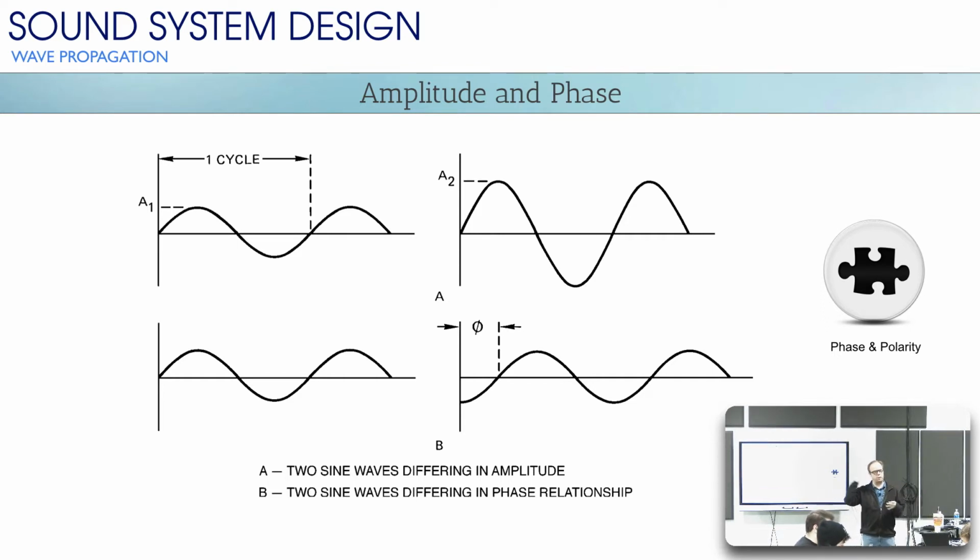Once that enters your ear-brain system, you tend to interpret that as loudness. So that higher peak, or that higher amount of compression and that higher amount of refraction, sounds louder to you. Less compression, less refraction is quieter to you.